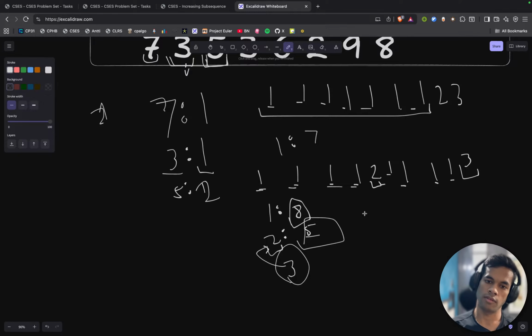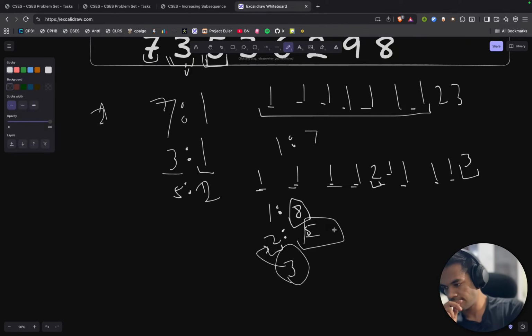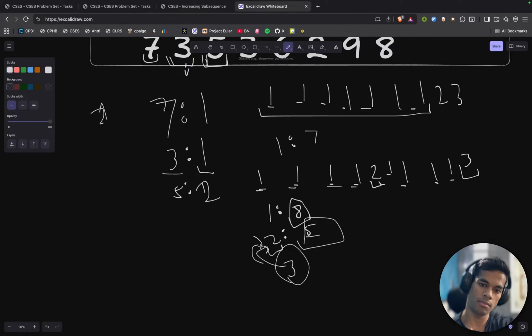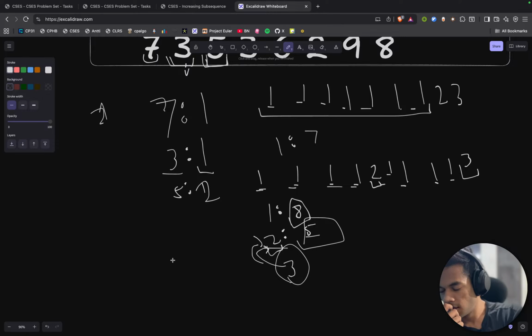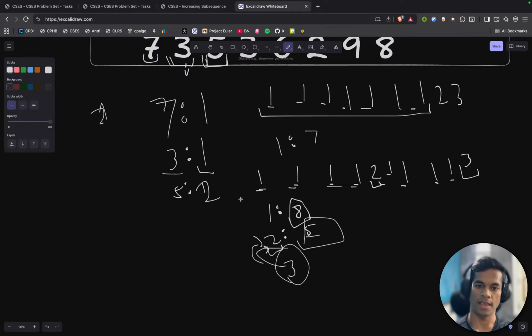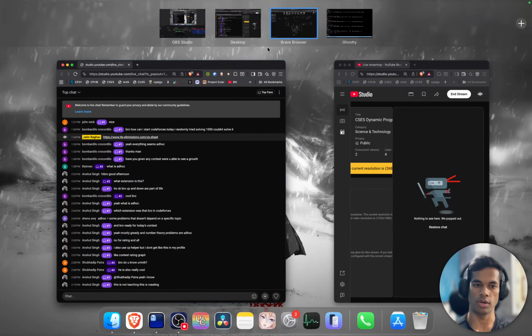Wait, instead, since I know this 3 can be paired up with this 2, yeah, this would be the edge case where the map algorithm would not work correctly.